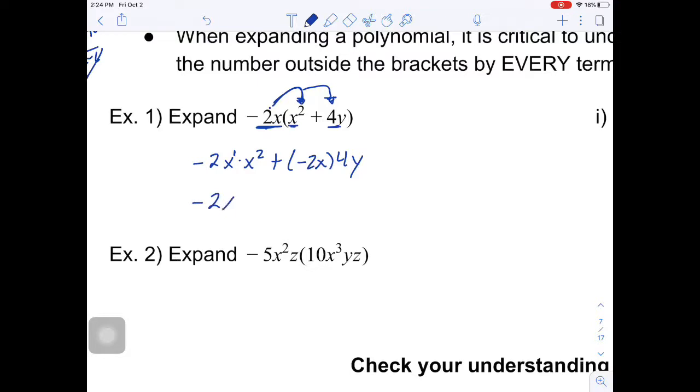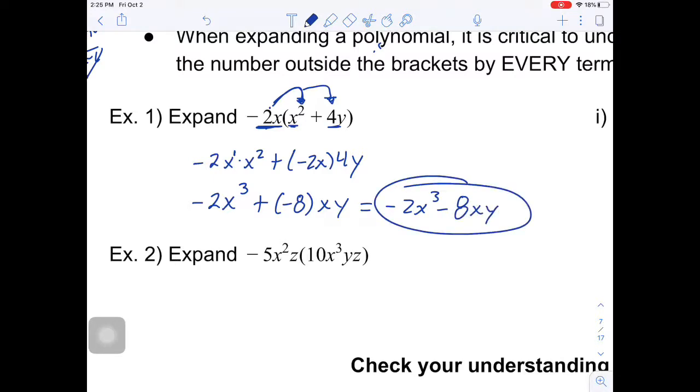So negative 2x cubed plus negative 2 times 4 is negative 8. So I'm going to put brackets around that. And then my x and my y can't really mingle. You can't do anything about that, so it's just going to be xy. And this is going to be negative 2x cubed. And I'm going to combine a positive and a negative, make a negative. So this will simply be minus 8xy. So that's a lot more clean.